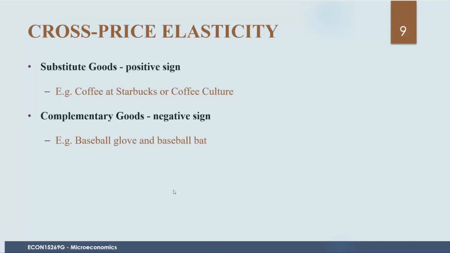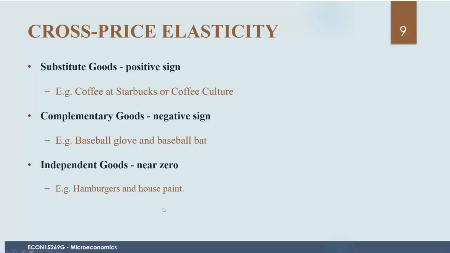So the percentage change in the quantity demanded of hot dog buns would be negative, and the net effect is a negative number. And if we're getting something close to zero, then it's likely the goods aren't related at all.